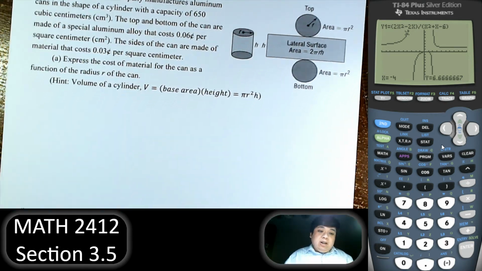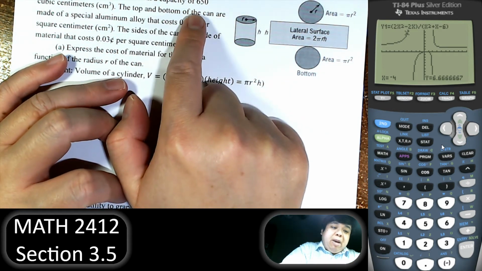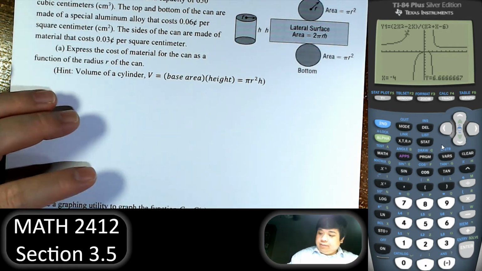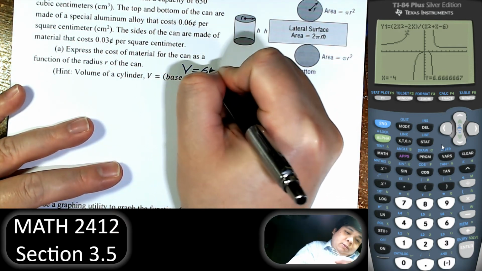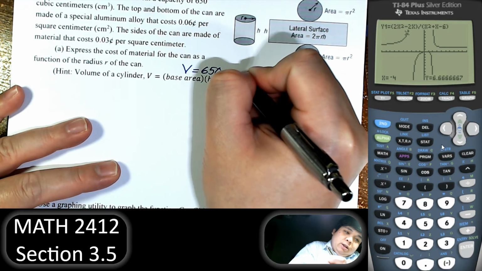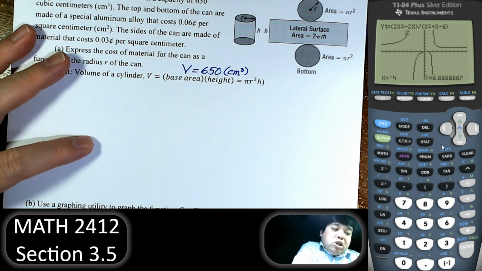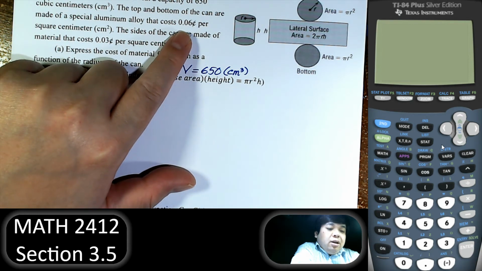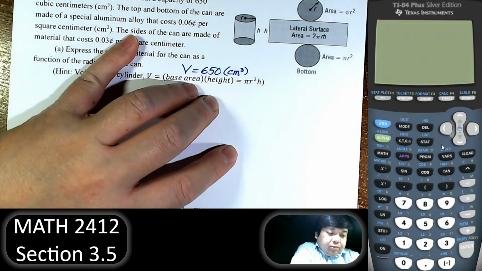Now let's look at the application problem. Suppose a company makes aluminum cans, cylinders with a capacity of 650 cubic centimeters, so the volume is that much. The top and bottom of the can are made of a special aluminum alloy that costs 0.6 cent per square centimeter.